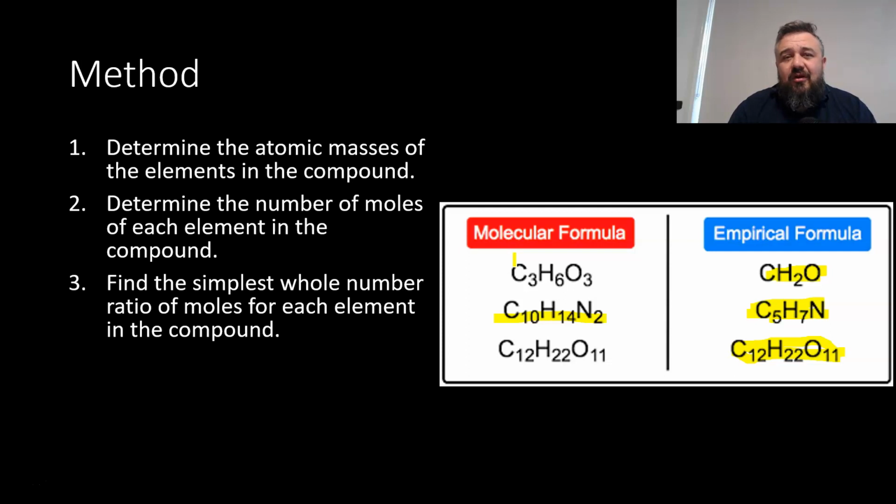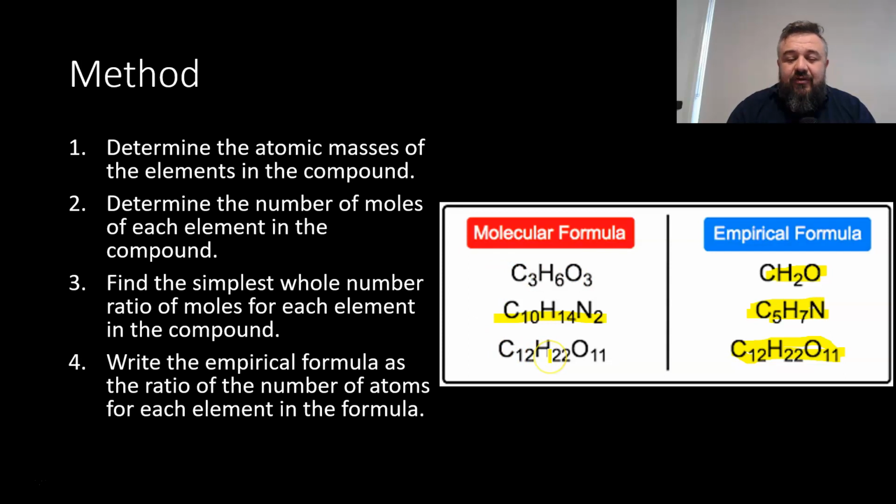You then find the simplest whole number ratio for each element in the compound, and we'll practice this in a sec, by getting all of the moles and dividing each one by the lowest number possible. So just say you had 1 mole of this and 2 moles of that, you would also have 1 mole of this. It would be the moles of carbon divided by the moles of carbon, the moles of hydrogen divided by the moles of carbon, and the moles of oxygen divided by the moles of carbon.